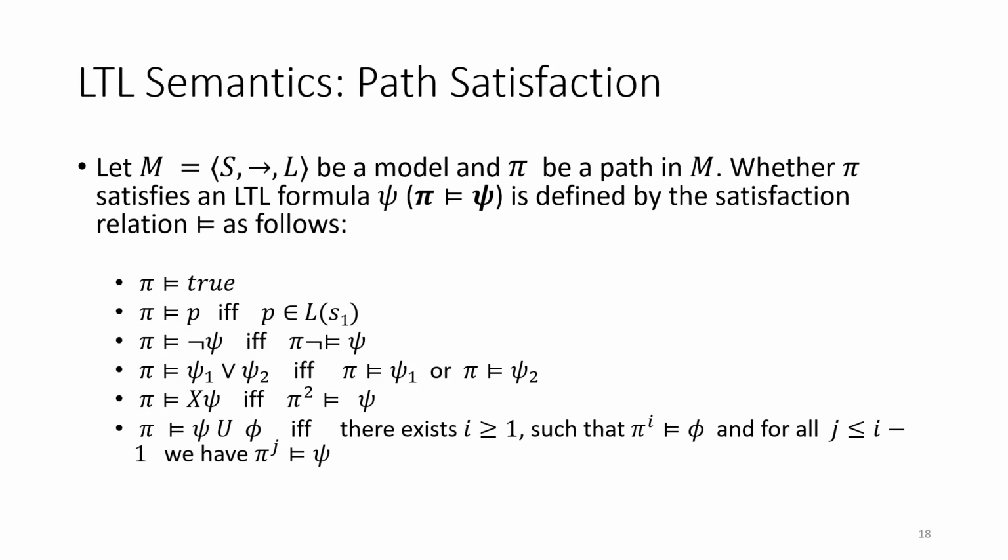Now, how do we relate these paths, these computations, to our LTL formulas? Very simple. If we have the LTL formula true, the most simple LTL formula we can write, then any path always satisfies this formula, always models this formula, because true doesn't have any requirements.